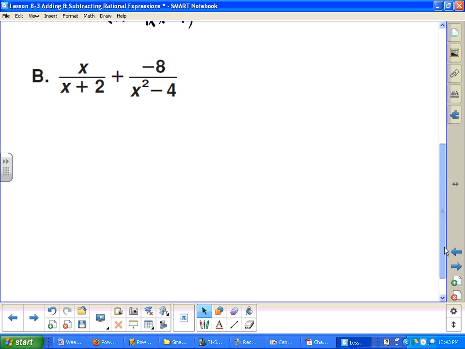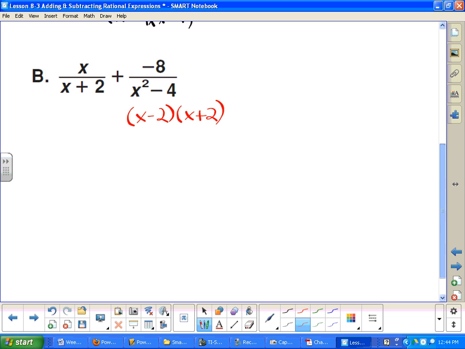X plus 2, can I factor that? No. How about x squared minus 4? Okay, that's the difference of two squares, and if I factor that, we get what? Okay. What do we get? Okay, so I can factor this one. I get x minus 2 and x plus 2.